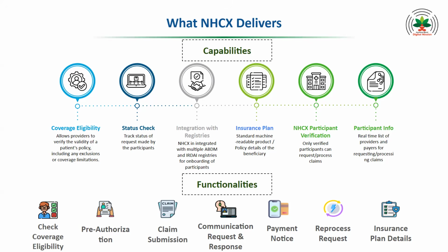We have a concept of workflow IDs, which tell us the scenario for a request, like if they are doing a discharge request, a patient discharge, or they are submitting a cashless claim. That kind of information is stored in NHCX.